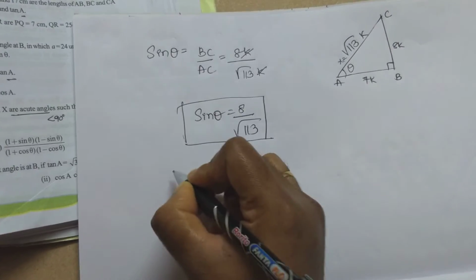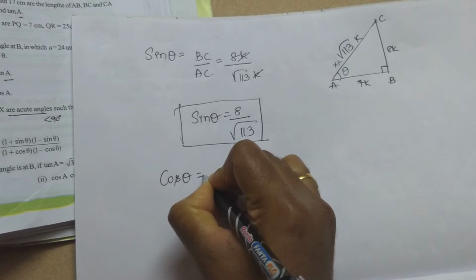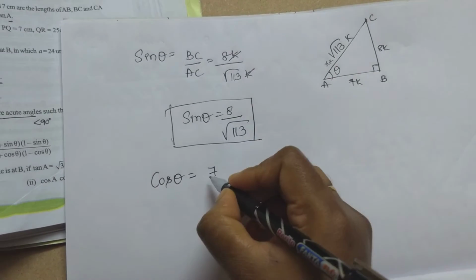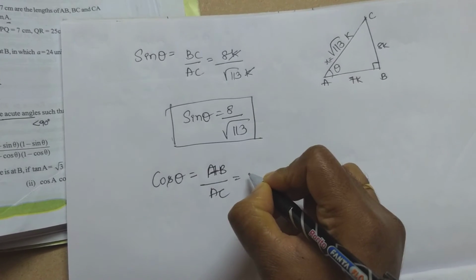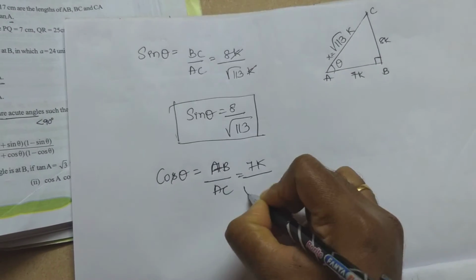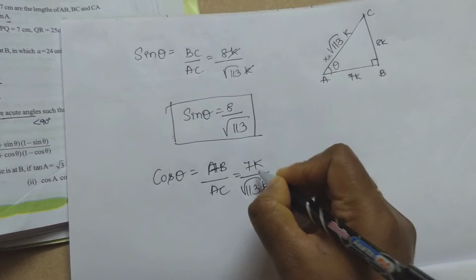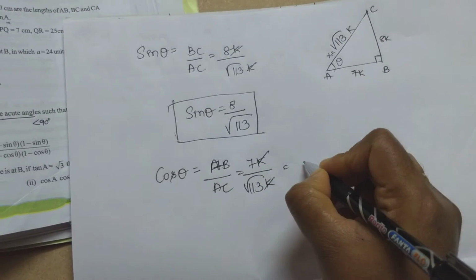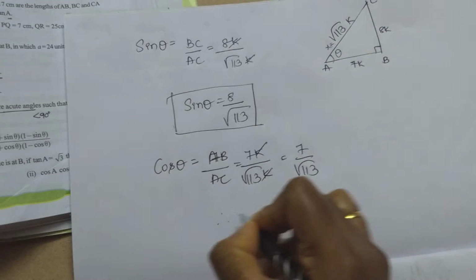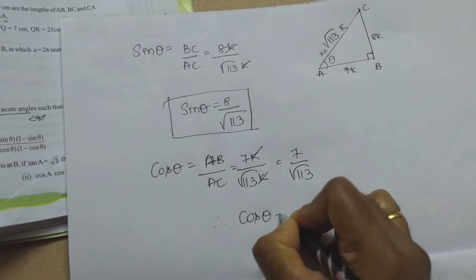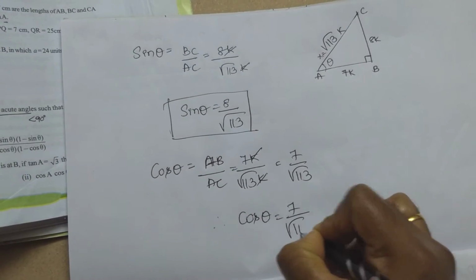In the same way, what is cos theta? Cos theta equals AB by AC, that is 7k by root 113k. Let's cancel k and k. So we will get 7 by root of 113. What is this? Cos theta. Therefore, cos theta value is 7 by root 113.